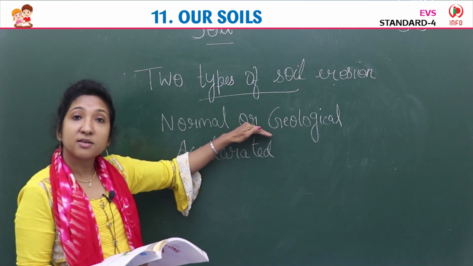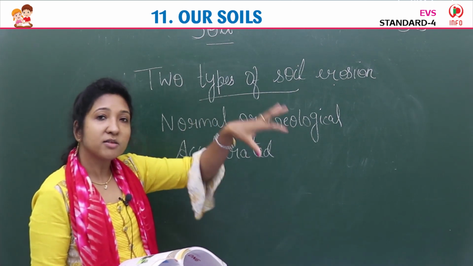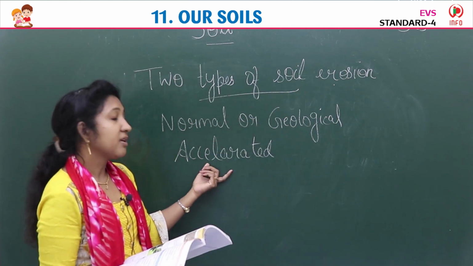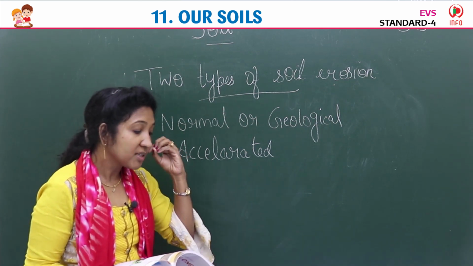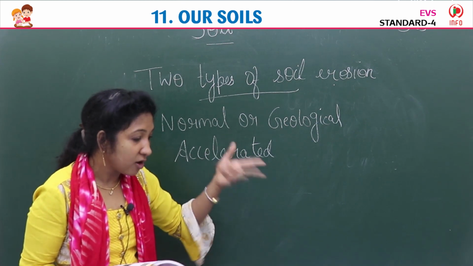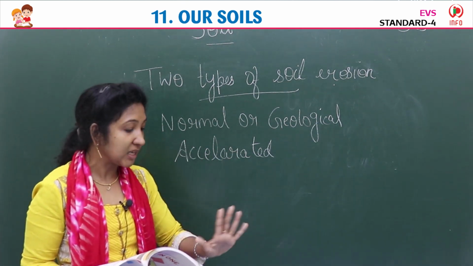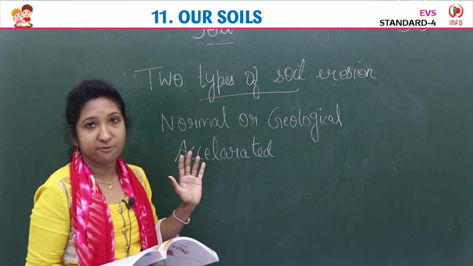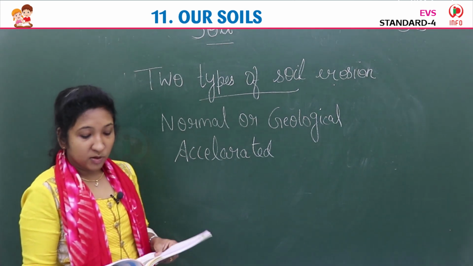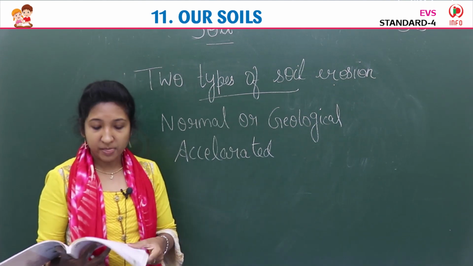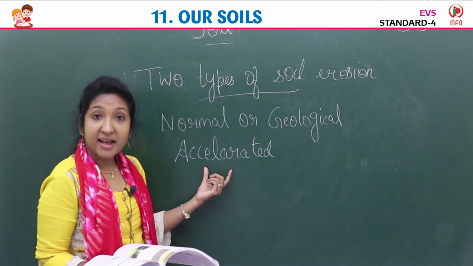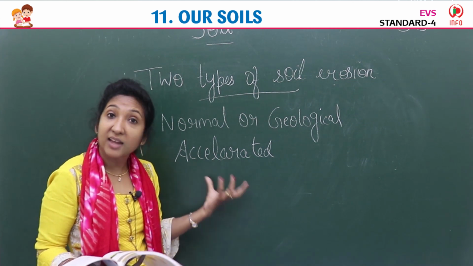In normal erosion, whatever we lose, we get back the same amount. In accelerated soil erosion, it is seen: oh, lost, gone. We can see that by seeing the surface of the soil itself. So the rate of soil loss is greater here.